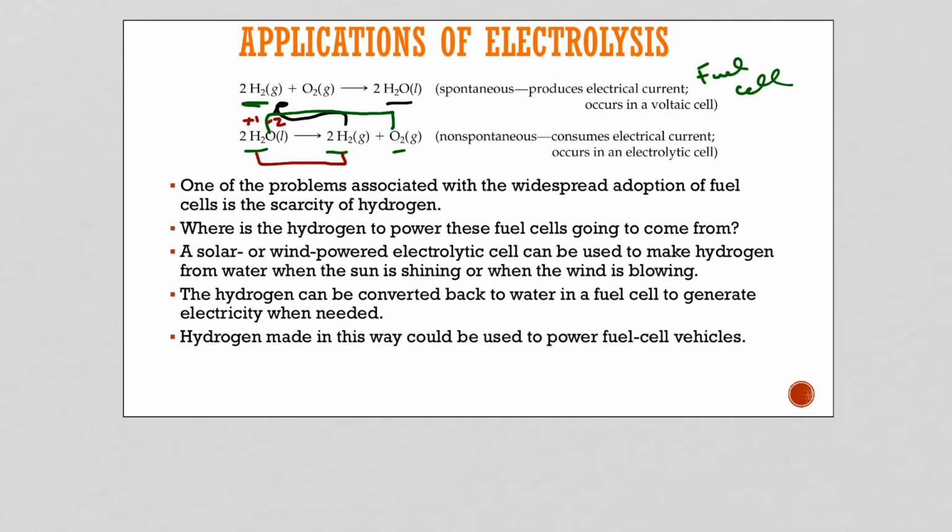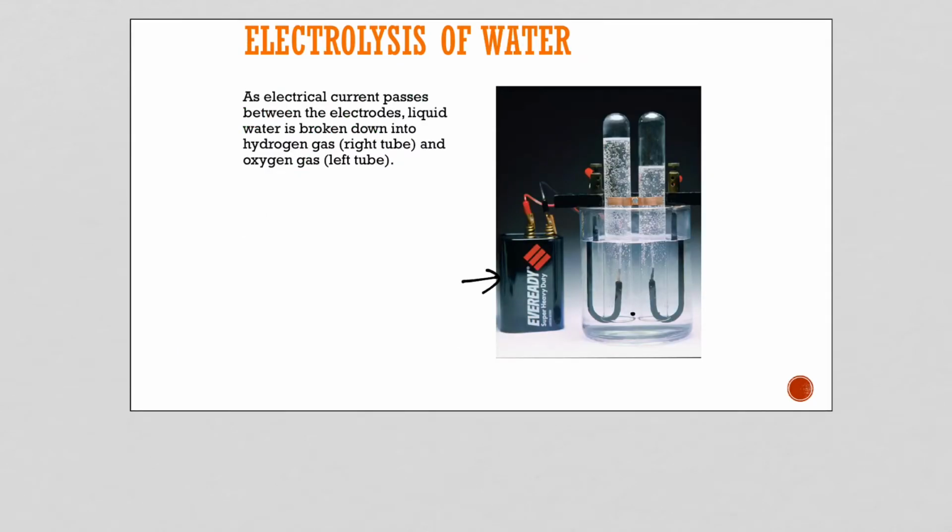The hydrogen is gaining that electron, going from +1 to 0, so it's undergoing reduction. The oxygen is losing those electrons, undergoing oxidation. So we're going to form oxygen gas at the anode. We're going to form hydrogen gas at the cathode. So the oxygen gas is forming here. The hydrogen gas is forming here.